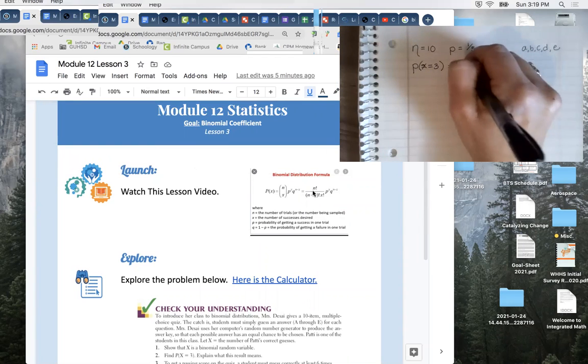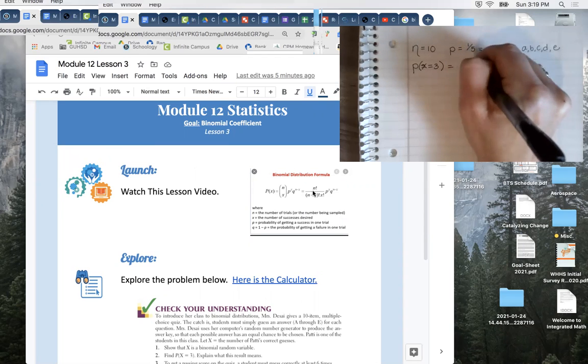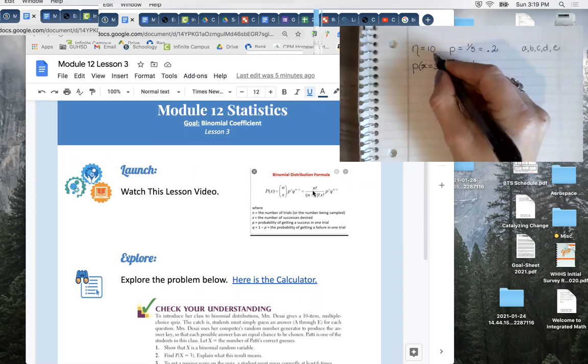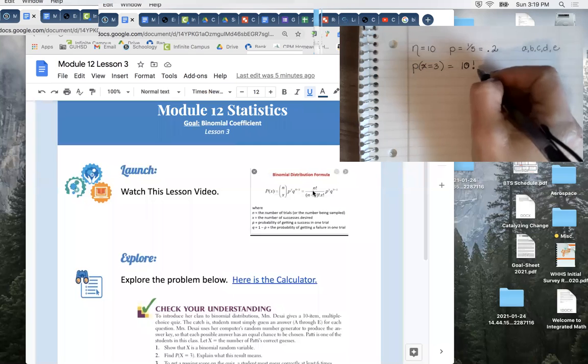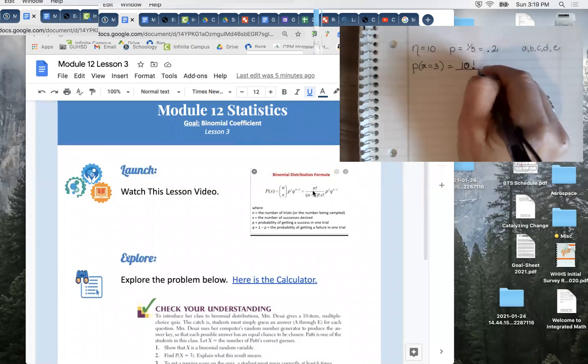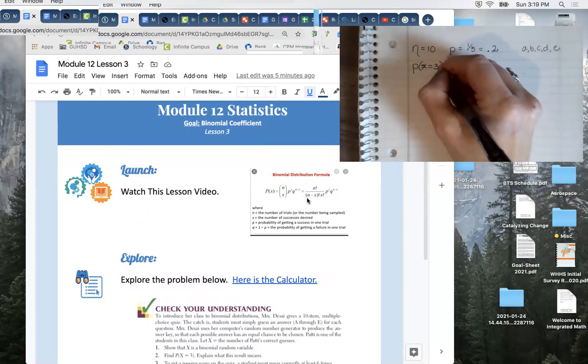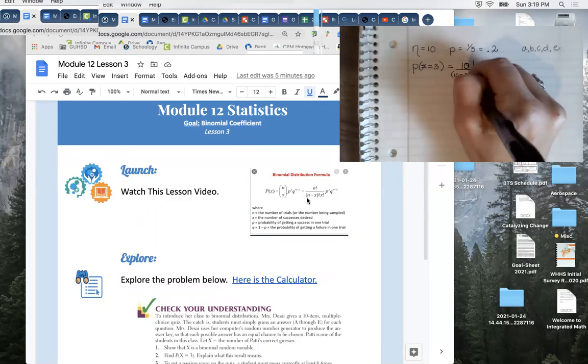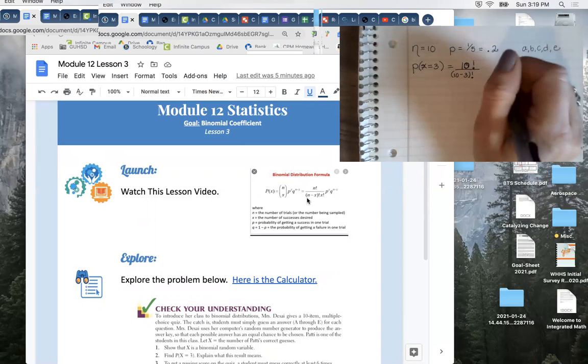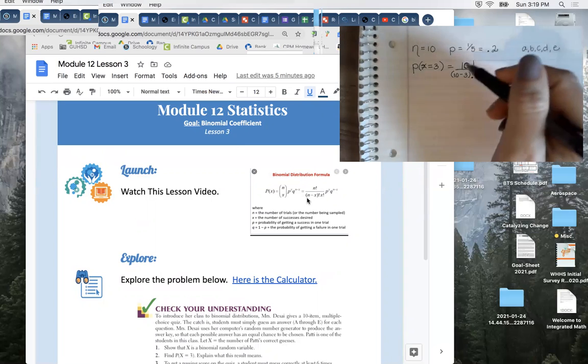You would take your 10 factorial, because that's your n. 10 factorial over, and then we would have our 10 minus the one we care about, 3 factorial. A factorial in math means you do 10 times 9 times 8 times 7 times 6 times 5 times 4, all the way down to 1.